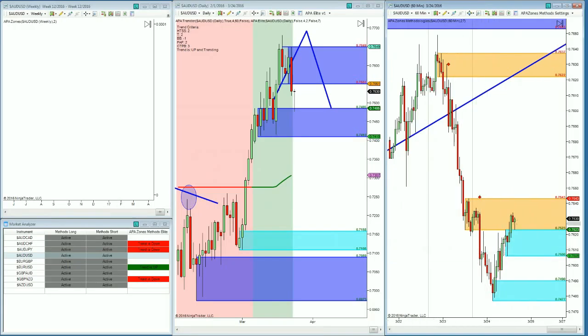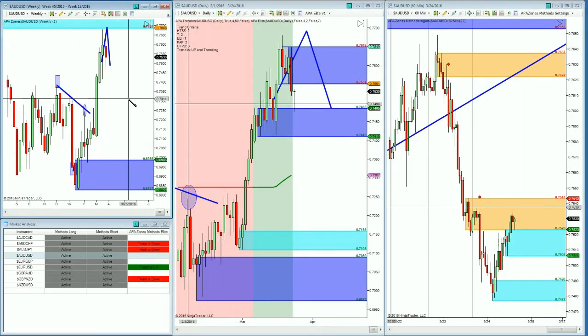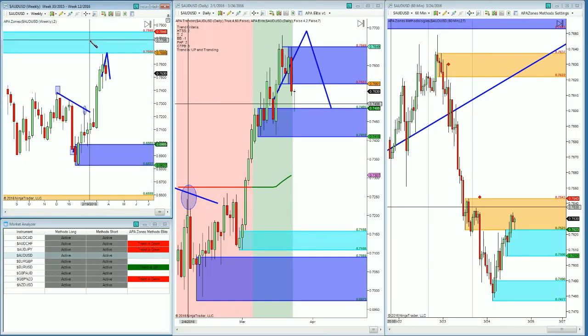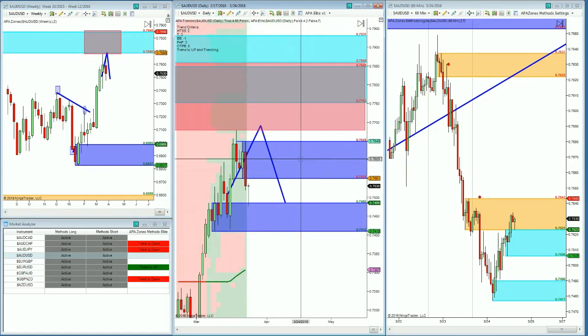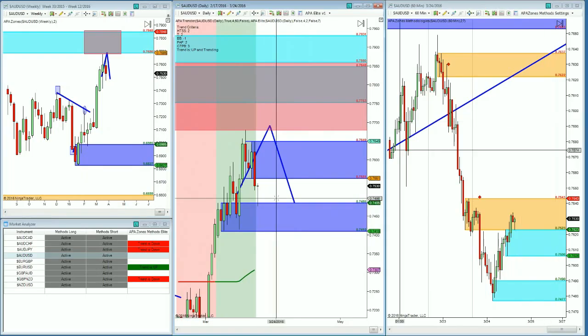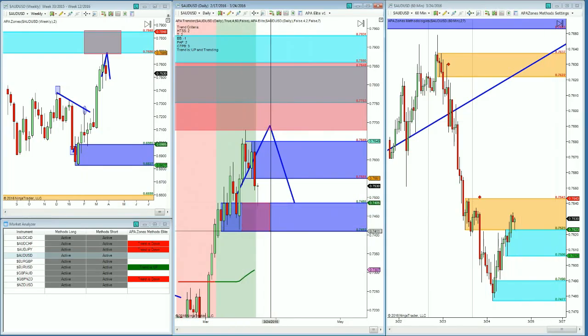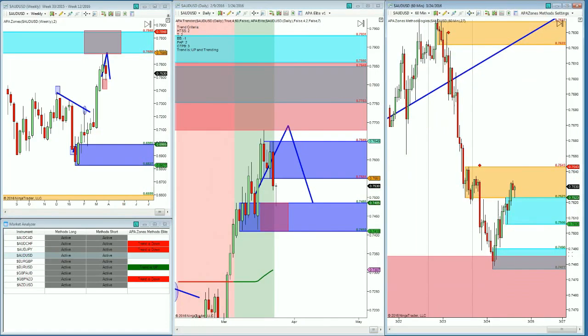Let's see if we find any entries off of this. No, I don't see any down there, to be honest with you. And something that I like to do a lot is just to identify the fractal confluence of levels and top of levels and stuff. So, as we look at this level over here, then when we put it on this one, you can see how that highlights there, just to make it really obvious why we see price doing what it's doing.